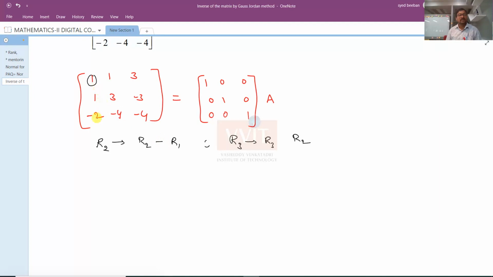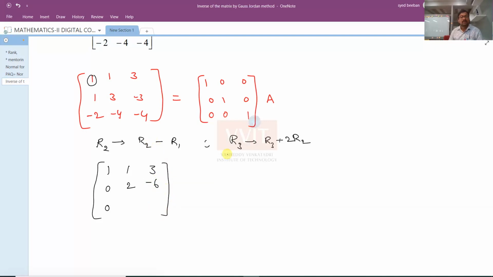Here 1 minus 2, so if I multiply R1 with 2 and then add, I get 1 1 3, and we forcefully made this 0. Then R2 minus R1 means 3 minus 1 will be 2, minus 3 will be minus 6.